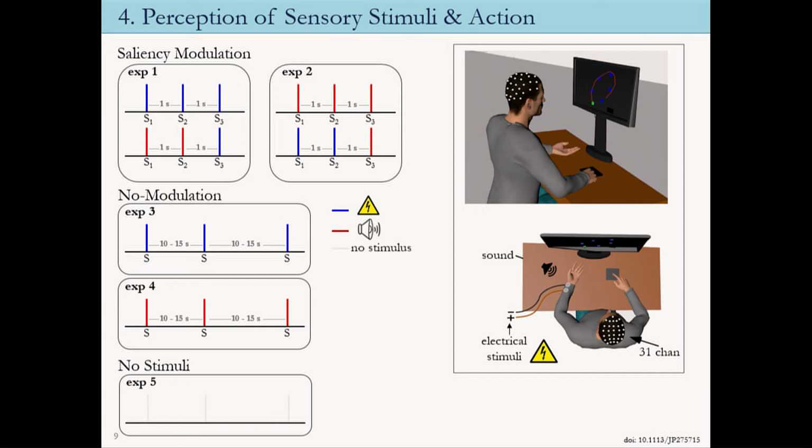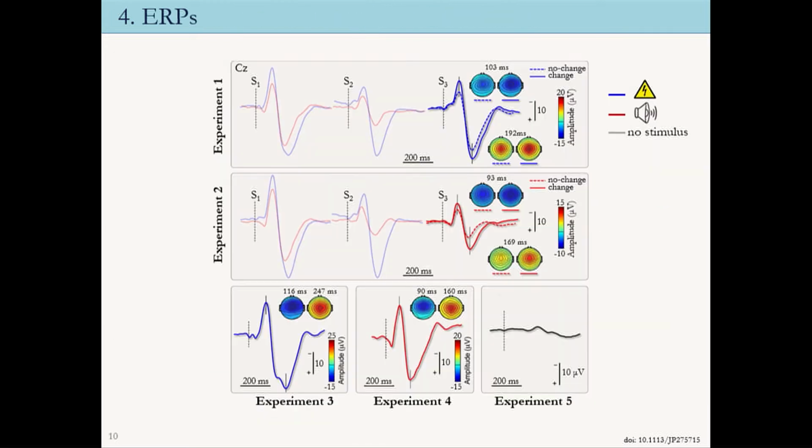Whereas stimuli S1, S2, S3, the stimulus S3 in both triplets is exactly the same stimulus, it has the same physical properties, but here it is embedded in a different context that makes this stimulus stand out a bit more. And this is something that is very well established. So that's the whole experiment setup that we had.